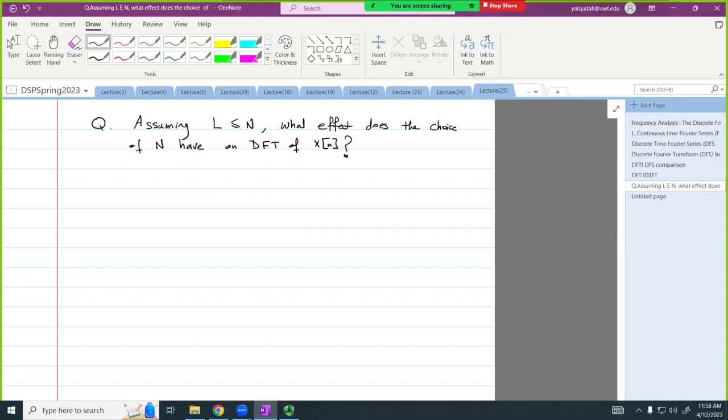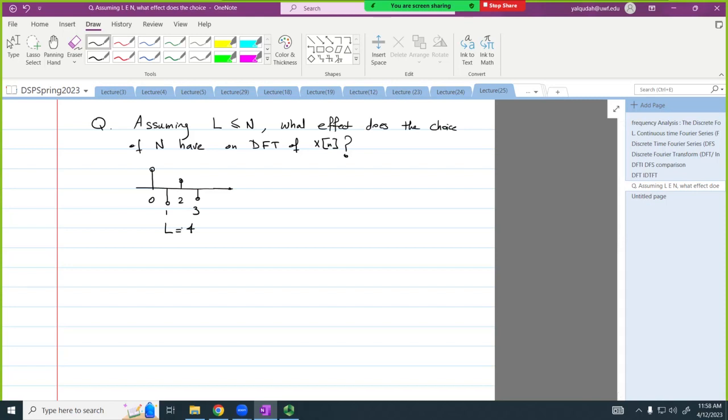So what does this question mean? If I have a sequence that looks like this: 0, 1, 2, and 3. What is L for this sequence? 4. So I tell you, calculate the discrete Fourier transform for this.